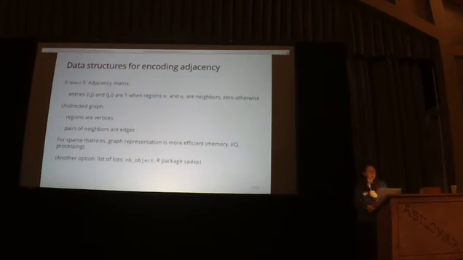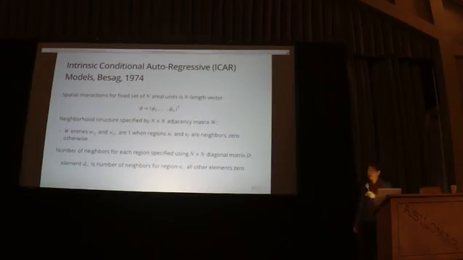So, without further ado, the ICAR model. The ICAR model was introduced by Julian Besag in 1974. He actually came up with the conditional auto-regressive model, and the intrinsic conditional auto-regressive model is an intrinsic version of the conditional auto-regressive model.